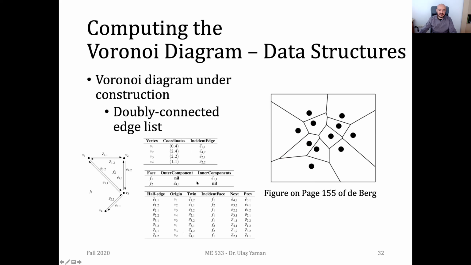I don't want to go into details, but here you see we have the origin, we have the twin of the line, we have some incident faces, which is the face we are dealing with, the next vertex, the next edges. So they are all stored, and if you have it properly, you can compute any kind of complicated implementations.